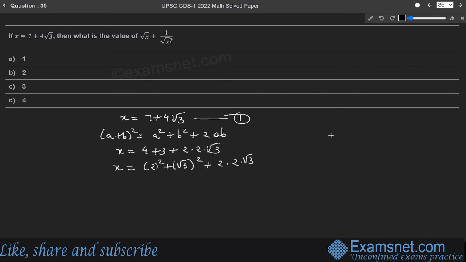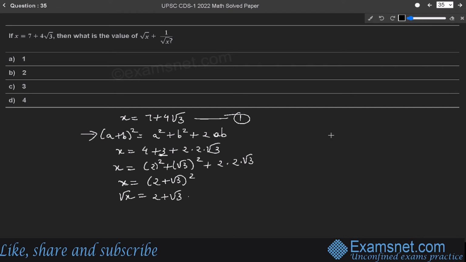Again we have split this 3 as root 3 into root 3 only to make this in the form of this identity. So we can apply the identity here. x will be equal to (2 plus root 3) whole square. So root x will be equal to 2 plus root 3.